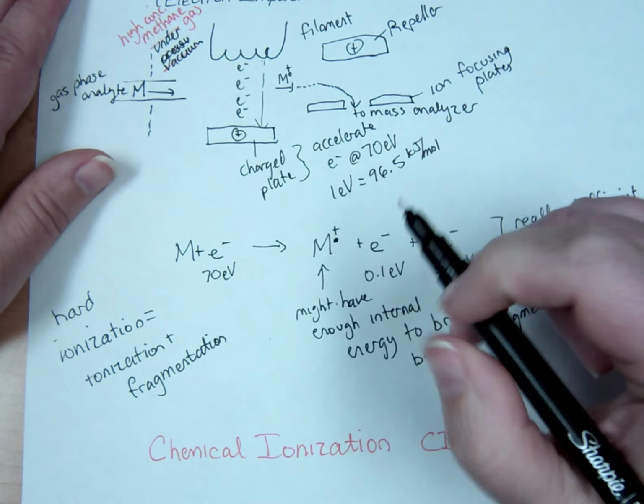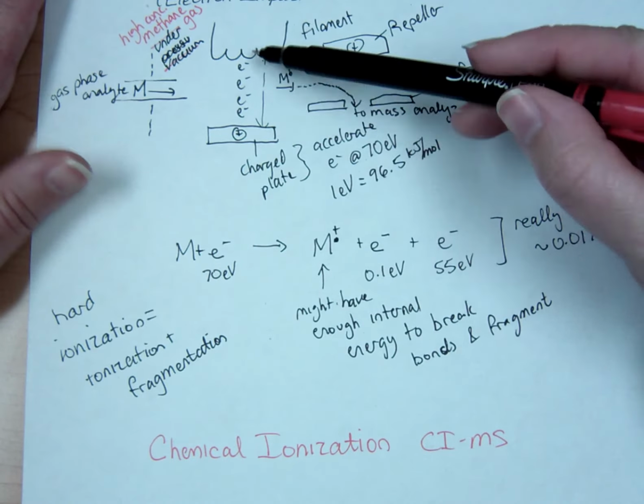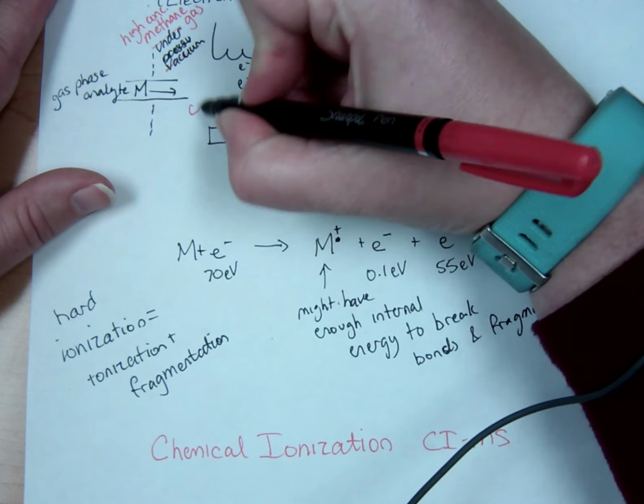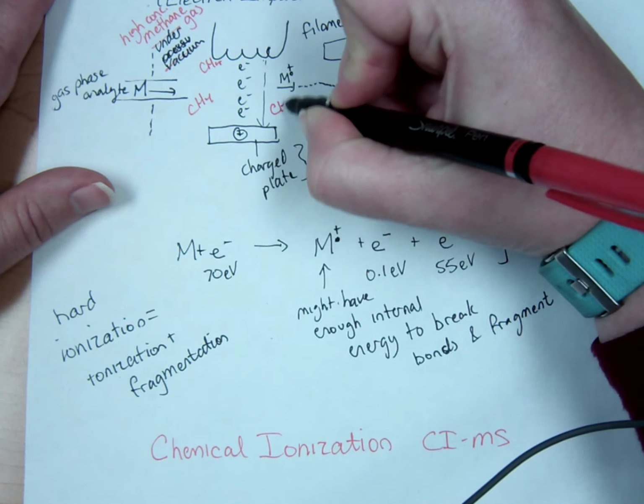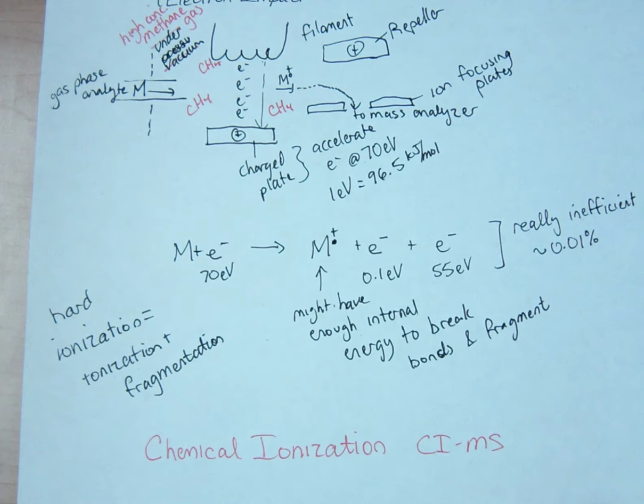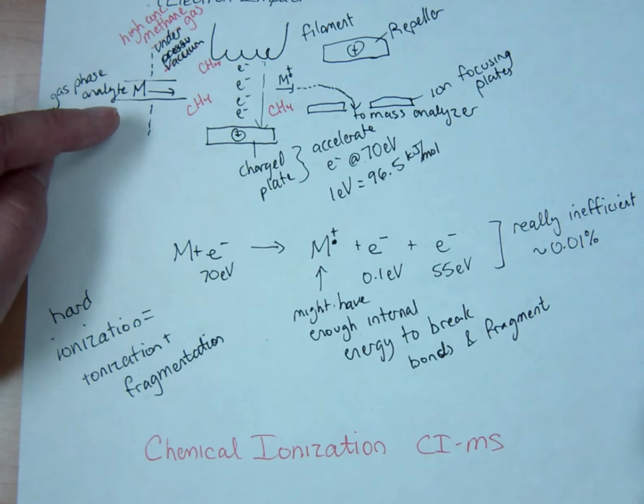Okay, so now as we have this electron beam going on, we also have a whole lot of methane molecules floating around in the same area. So what does this do for the process of how our molecule is going to interact with that electron beam?